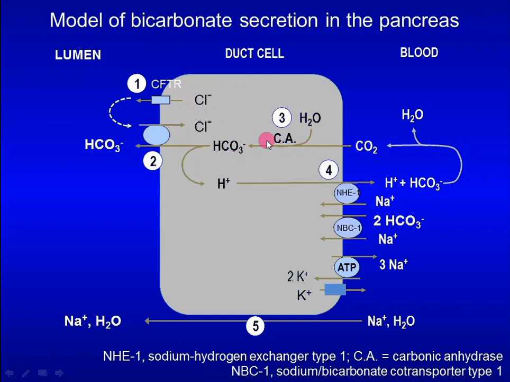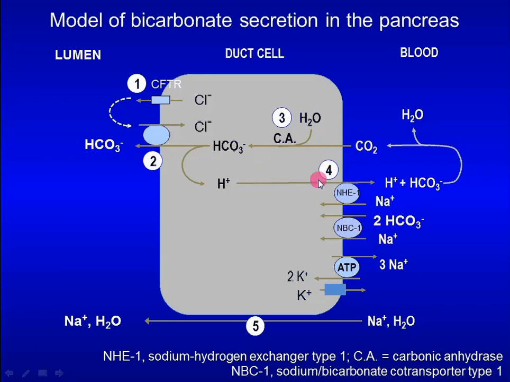Some is generated intracellularly from carbon dioxide by carbonic anhydrase. Other bicarbonate is taken up across the basolateral membrane of the ductular epithelial cells through the sodium bicarbonate co-transporter type 1 or NBC1.